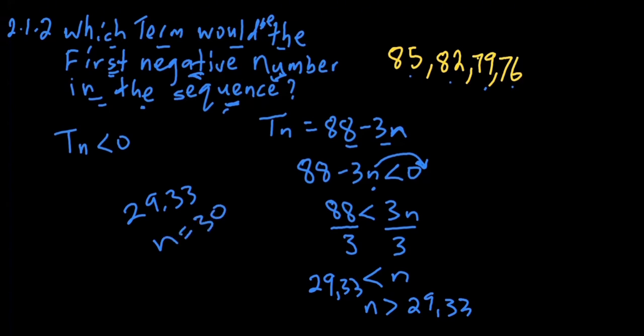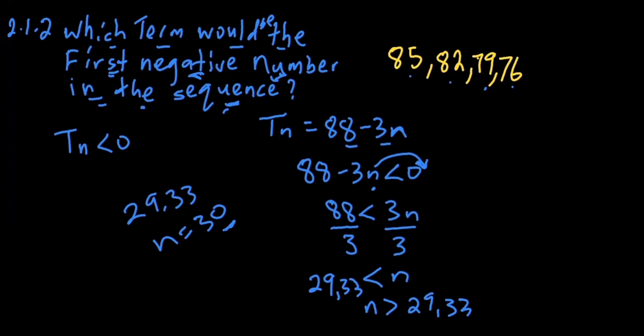Because it must be a whole number, the 30th term will be a negative number in the sequence. I'll show you how.